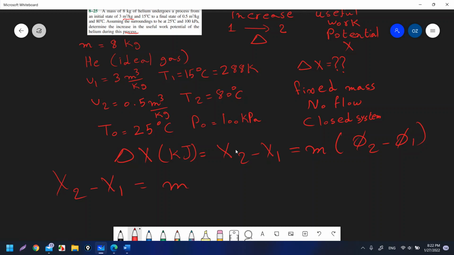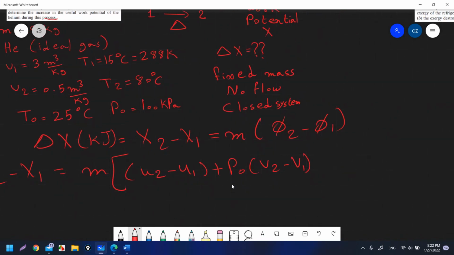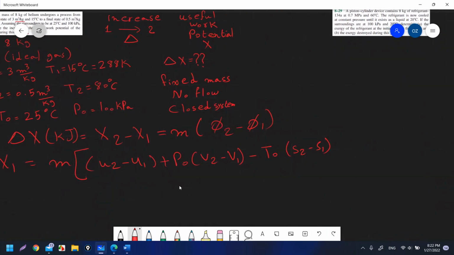Then we will substitute this term, phi 2 minus phi 1, with the equation that we saw: u2 minus u1 plus p naught times v2 minus v1 minus t naught times s2 minus s1. Very long equation, plus v2 squared minus v1 squared over 2 plus g times z2 minus z1.